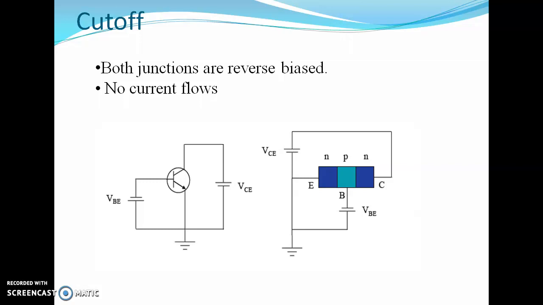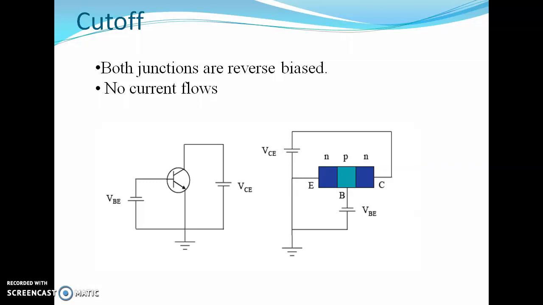So what is forward bias and what is reverse bias? Again I am going to repeat what reverse bias is. Reverse bias means for P type semiconductor material we apply the negative terminal of the DC source, and for N type semiconductor material we connect the positive terminal of the DC source.